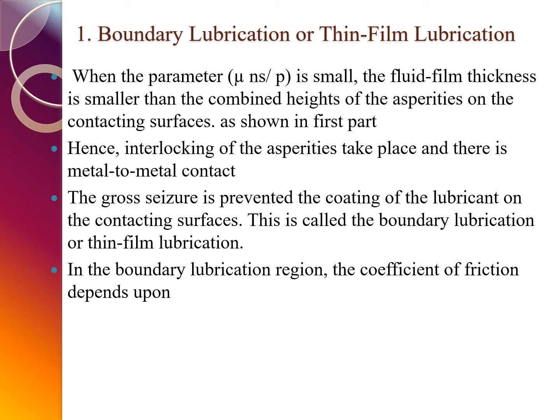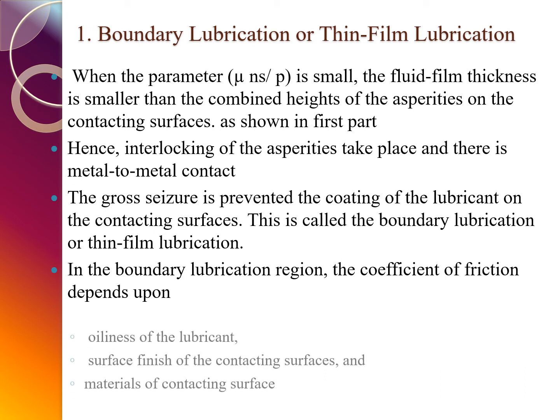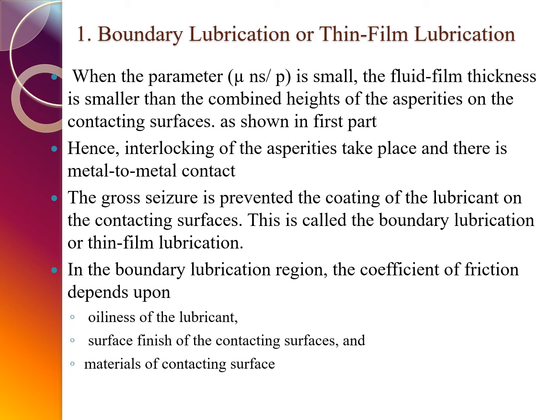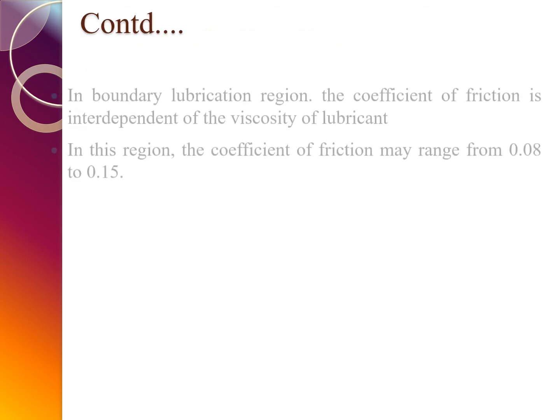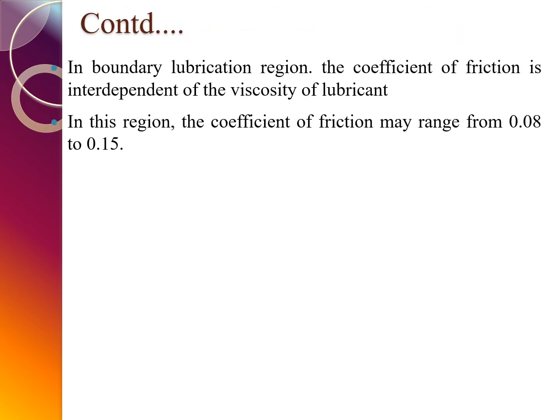In the boundary lubrication region, the coefficient of friction depends upon the oiliness of the lubricant, surface finish of the contacting surfaces and materials of the contacting surfaces. There is metal to metal contact. The coefficient of friction is independent of the viscosity of the lubricant, because there is no play of lubricant.